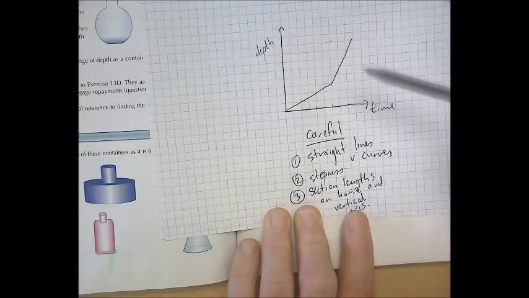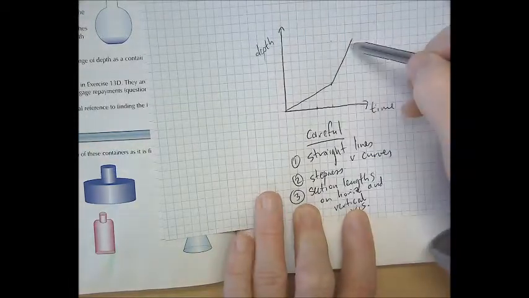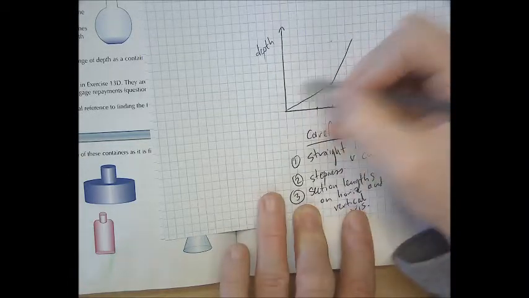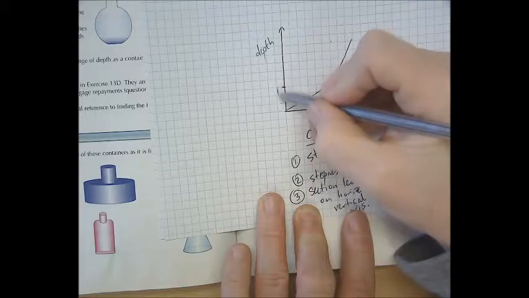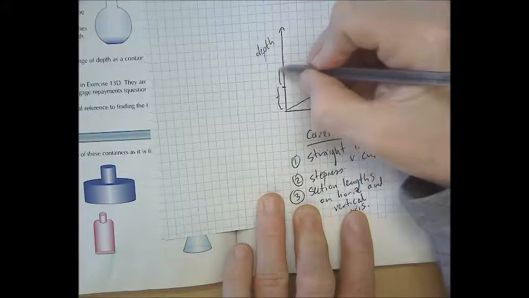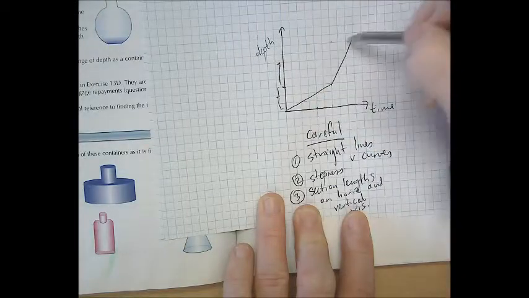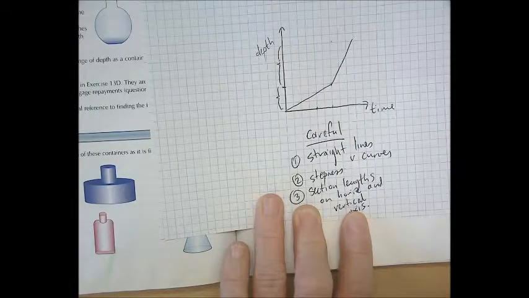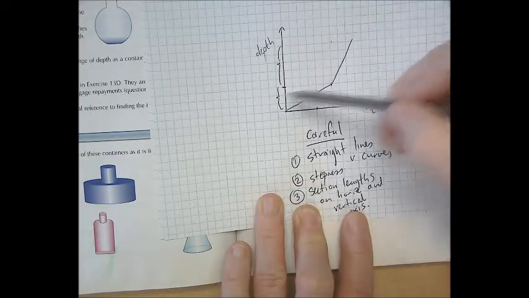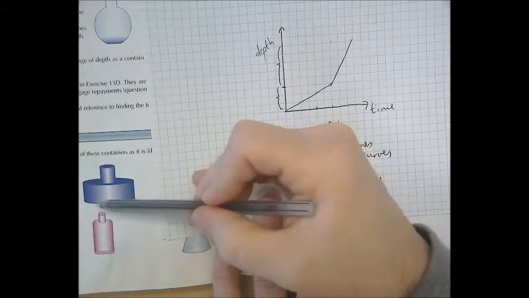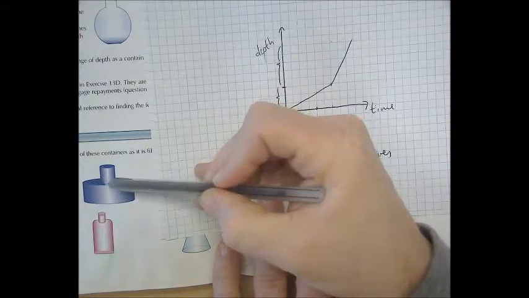The problem is my depth of my second section is much higher than my depth of the first section. The depth of the first section is 3 squares. The depth of the second section is way more. That's 5 squares. And that can't be. You've got to make sure that this versus this corresponds to this versus this, and it doesn't.